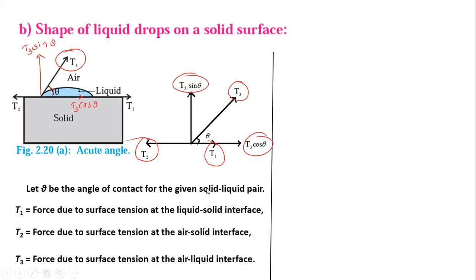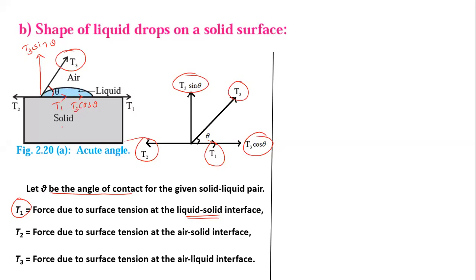Now theta is the angle of contact. So this theta is the angle of contact. What is T1? Here you can see the direction of T1 is from here. It is the force due to surface tension at the liquid solid interface. Now here T1 is there. Below is solid, above is liquid. So it is at the liquid solid interface.